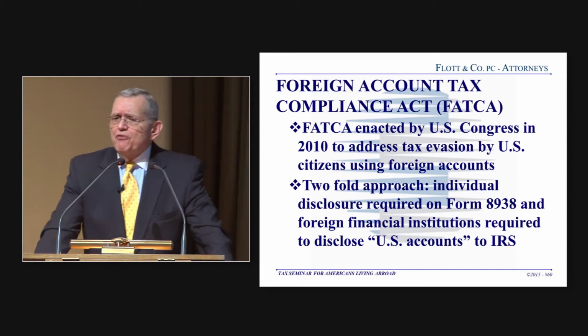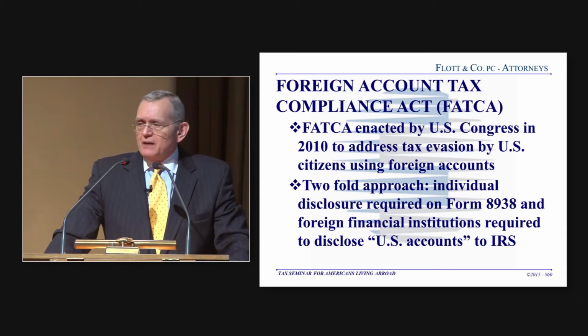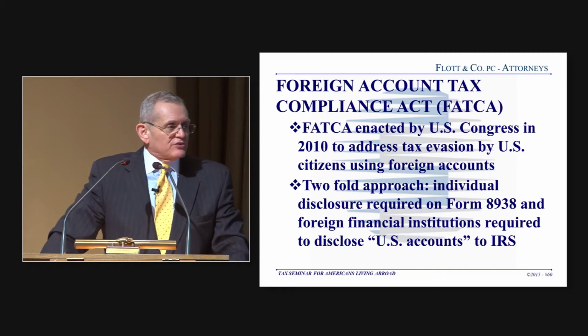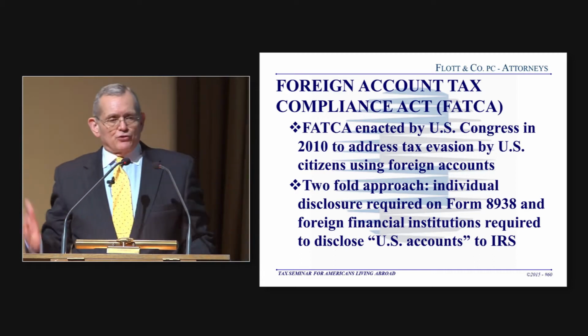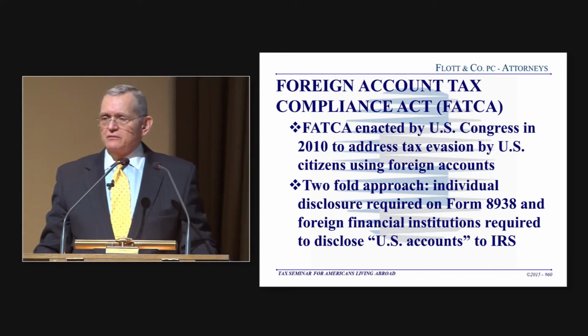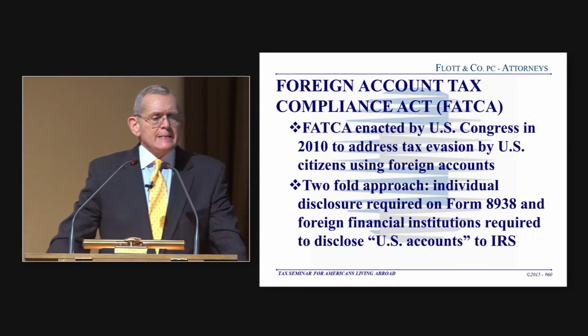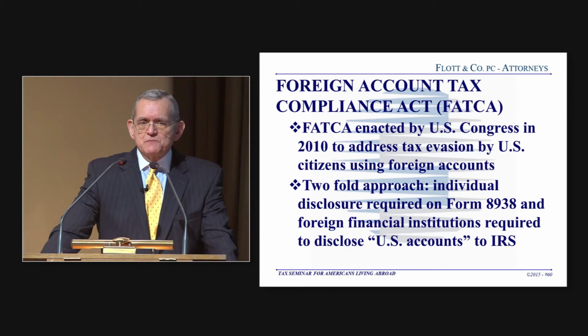All right. The Foreign Account Tax Compliance Act, FATCA, which brought some of you here today because you got letters from either Alpha Bank or Ethniki or Piraeus Bank saying, please come in and identify yourself as a U.S. person, either because your Greek passport shows you were born in Boston or you've otherwise advised them that you're a U.S. citizen. FATCA was enacted by Congress in 2010 to address primarily tax evasion by U.S. citizens using foreign bank accounts.